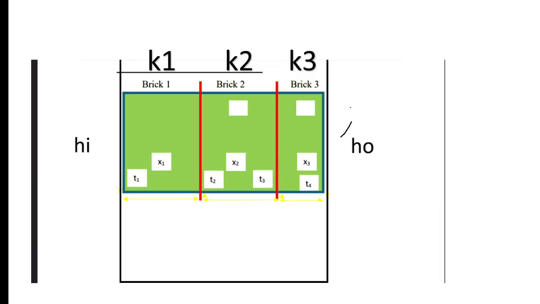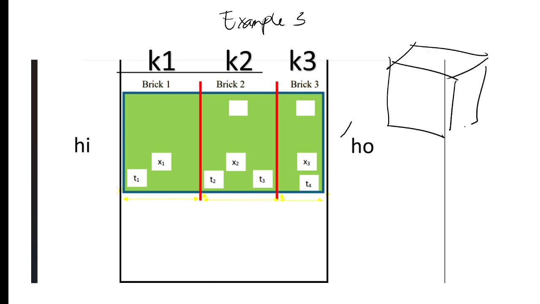Now, for example, let's say example number 3. We have a furnace. I'm going to draw the furnace in a 3D model. So it has a thickness like that, and that thickness has 3 layers, 3 bricks.